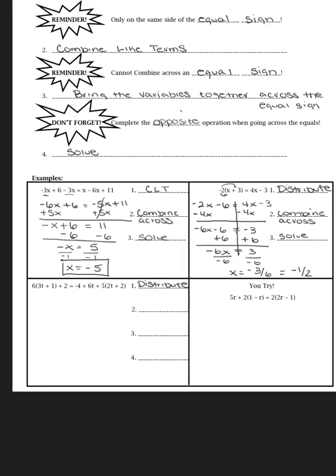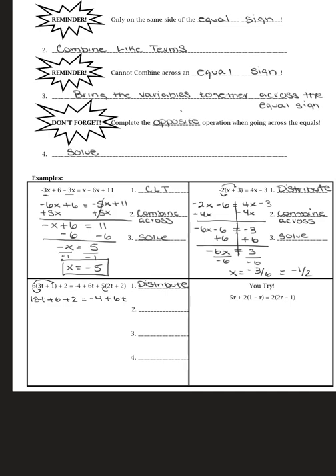My first step is going to be to distribute my 6 to my 3t and my 6 to my 1. So I have 18t plus 6 plus 2 is equal to negative 4 plus 6t.